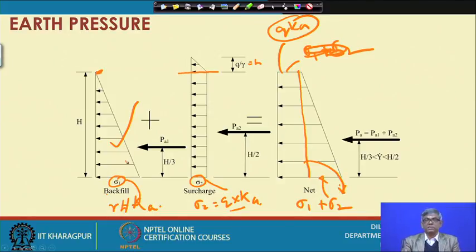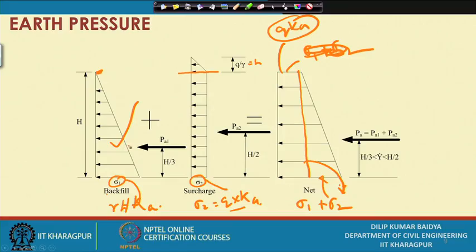So that means if there is a surcharge also, you can just forget about the surcharge, whatever the normal loading is there, you find out the pressure diagram. Additionally, because of the surcharge, if there is a Q intensity of load on the surface backfill, then simply you multiply by Ka or Kp depending upon whether it is active or passive, and that pressure you keep constant throughout the depth, and then find out the area of all the diagrams, and that will be the total active thrust or total passive thrust.